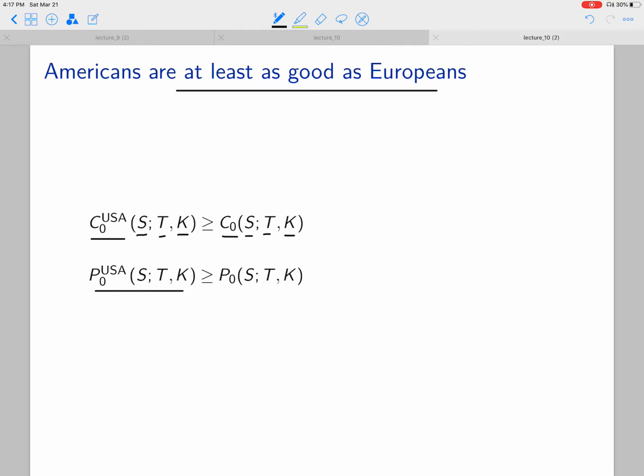And the same exact thing applies for American puts versus European puts.